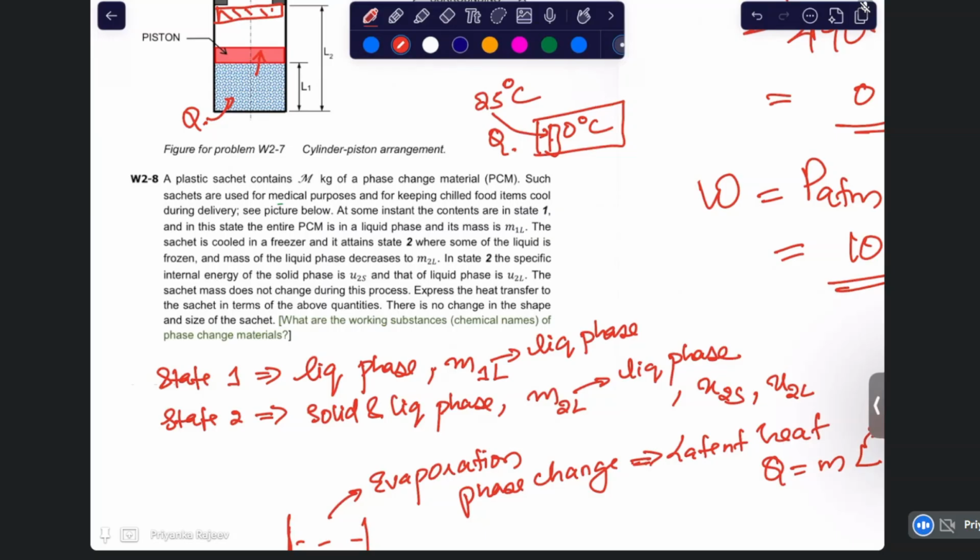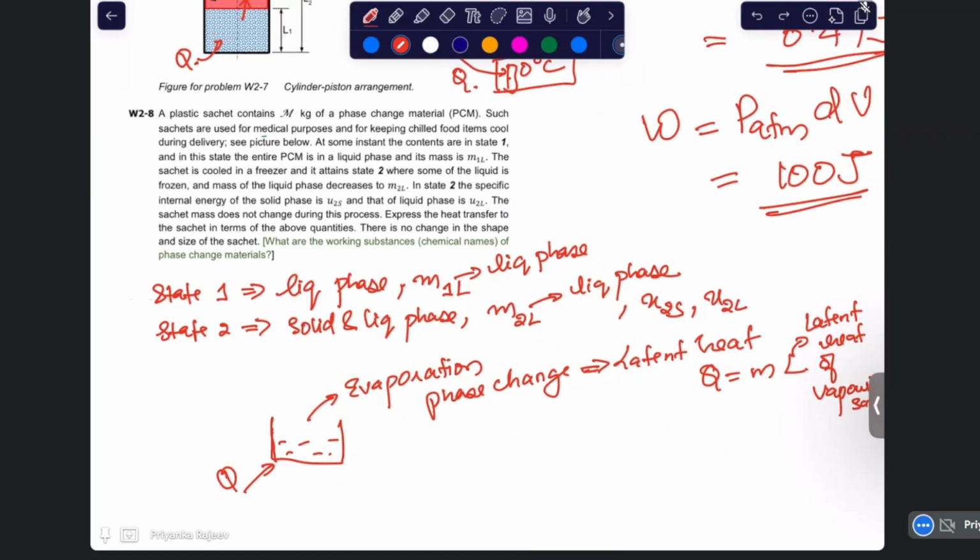In order to change its phase, it will be using that heat input. So that heat will get absorbed by the PCM material, and the interior temperature will remain at 0 degrees centigrade. So this is PCM. A widely used application of PCM material is for food processing and transport of food.